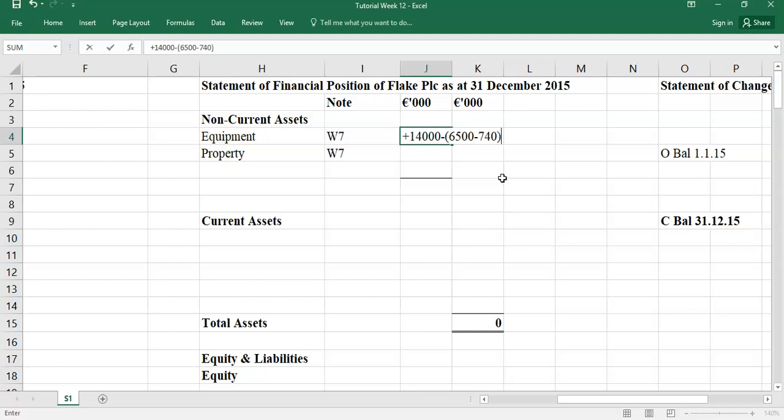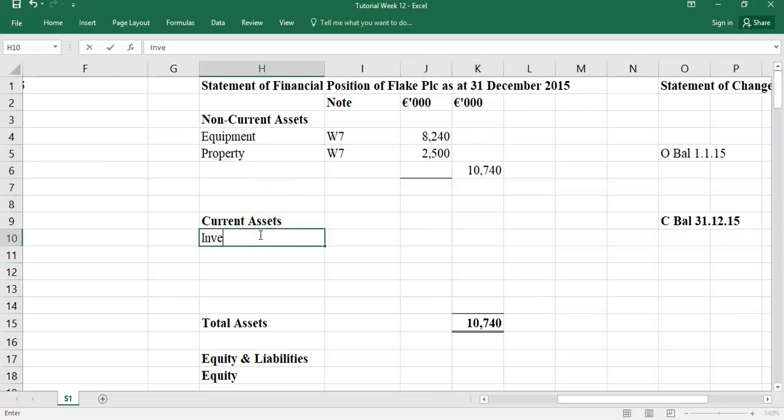So the true equipment figure, the accumulated depreciation should be lower. So your net book value there will be 8240. Property, the net book value will be 2.5, which is the revalued amount, because it's revalued at the end of the year, and you've done your revaluation adjustments for that. So that's the only ones you have. Sometimes you might have intangible assets or things like that. We don't have it in this question.